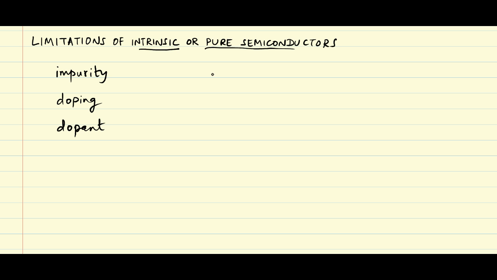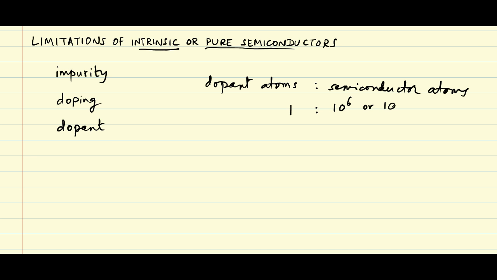Typically, the ratio of dopant atoms to semiconductor atoms in the lattice is 1 dopant atom for every 10^6 or 10^7 semiconductor atoms. This tells you how tiny the amount of dopant introduced actually is.